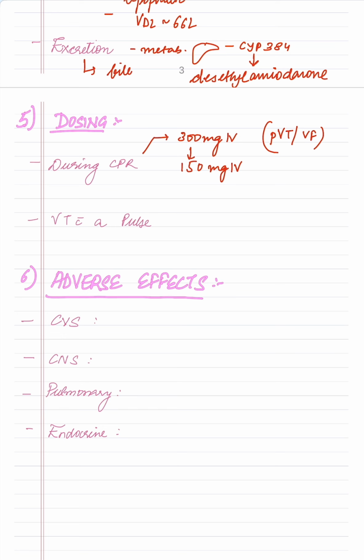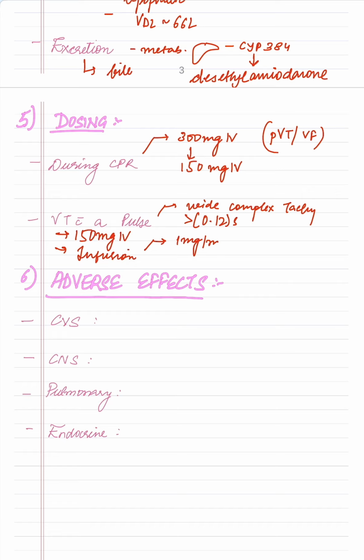If the patient has ventricular tachycardia with a pulse or a wide complex tachycardia, that is your QRS interval is more than 0.12 seconds, then you go with the bolus dose of 150 mg IV, followed by an infusion of 1 mg per minute for the first 6 hours and 0.5 mg per minute for the next 18 hours.